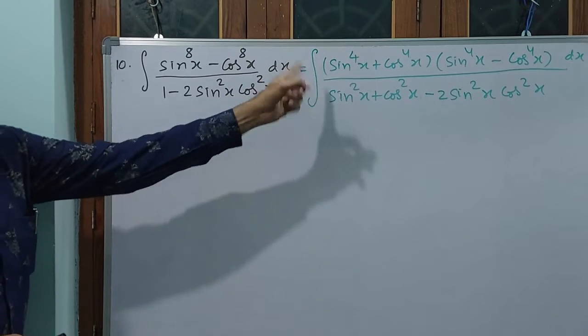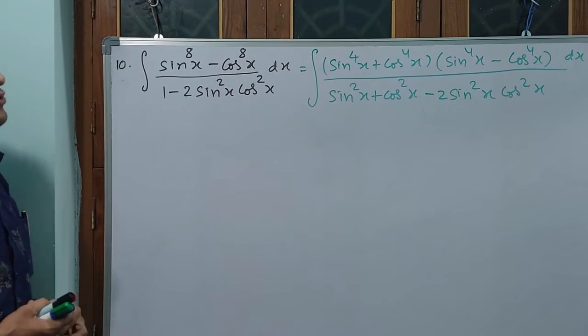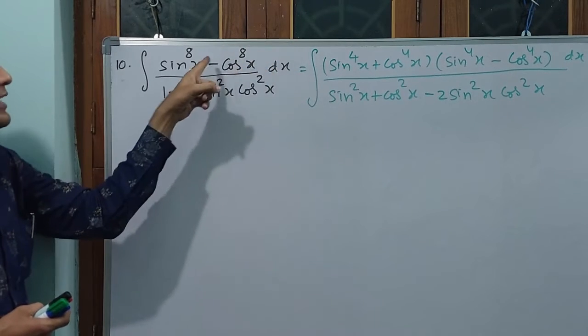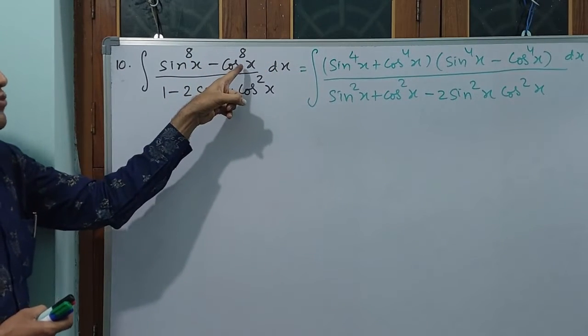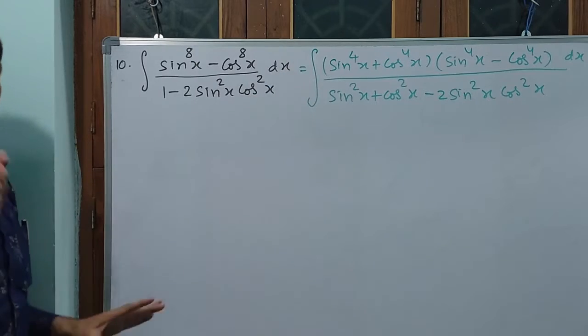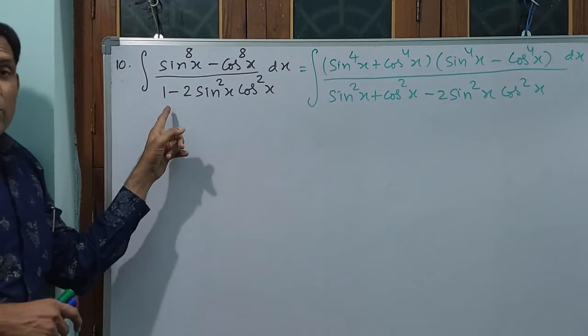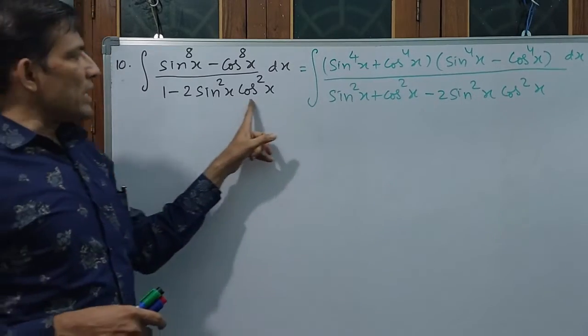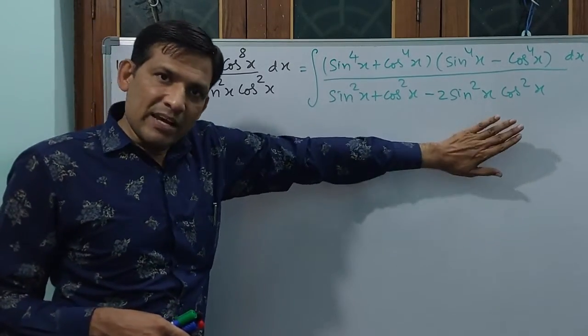A plus b into a minus b is a square minus b square. A square means sin to the power of 4x whole square, sin to the power of 8x, minus b square, cos to the power of 8x. That means numerator, dx. 1 you can replace with sin square x plus cos square x, minus 2 sin square x cos square x, which was already there, so I have kept it like this only.